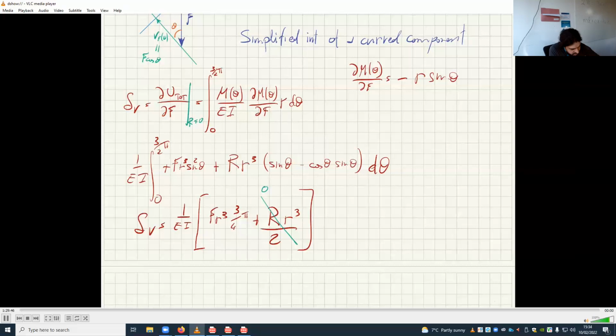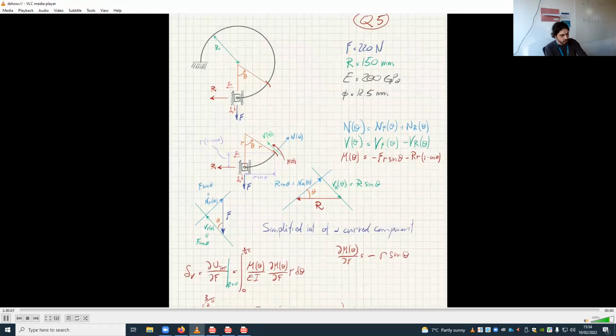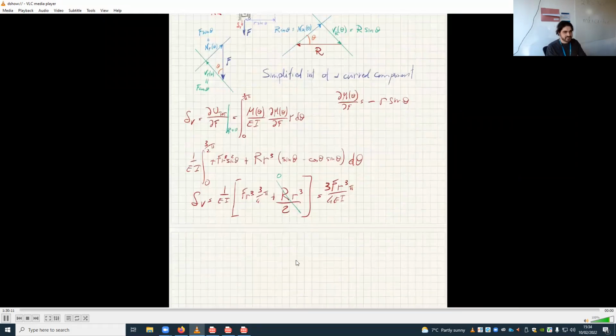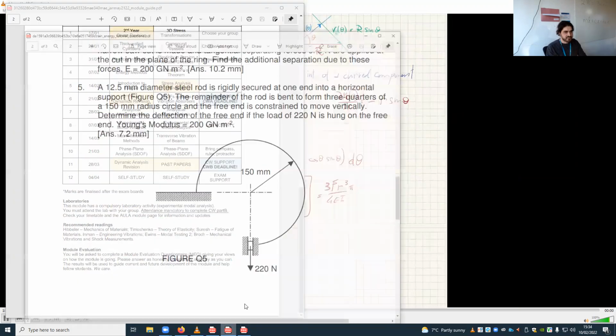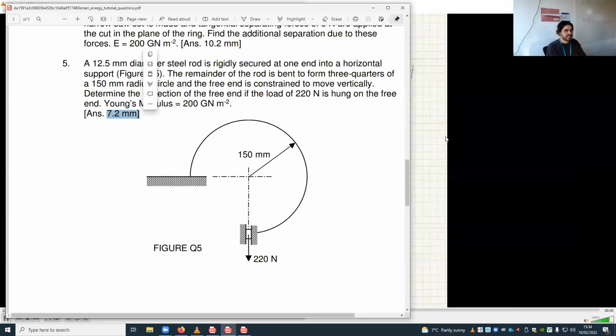And so the deflection is equal to 3/4 over EI times F R cubed pi. And all these things are numbers here, see? We have all the numbers. And so you will end up with a number here that is, or at least it should be, 7.2 millimeters.